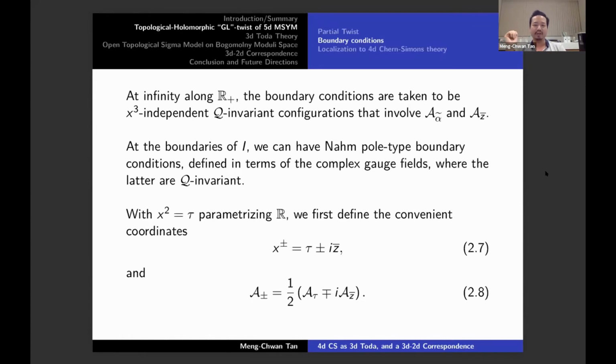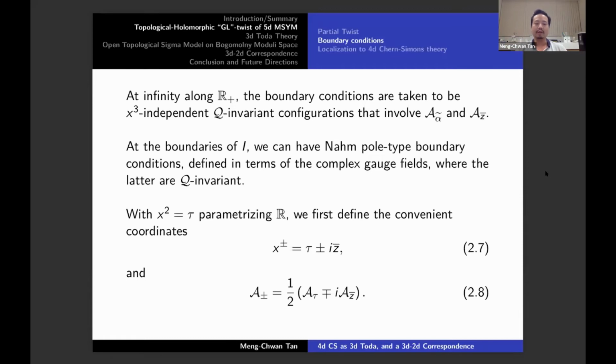So we'll consider a non-pole type boundary condition on both ends of I, which are defined in terms of curly A, which is a complex gauge field. These are valued in the real Lie algebra, but taken together as a complex gauge field, they can represent a gauge connection on a complex gauge bundle. And of course the gauge fields that we're talking about ought to be Q invariant again, so as to preserve supersymmetry and the Q invariance of the action.